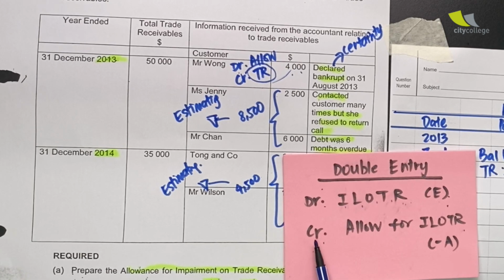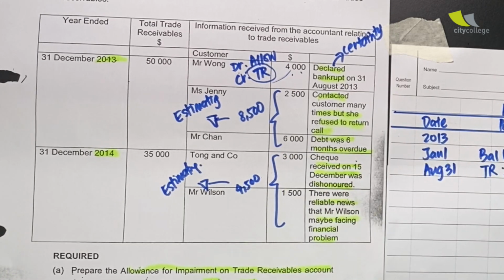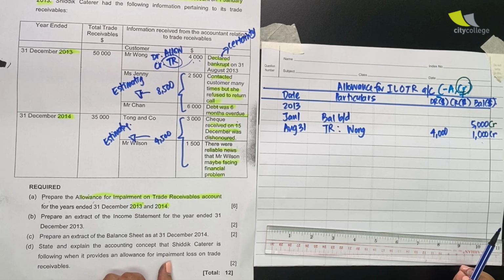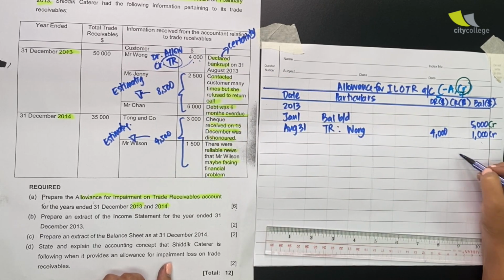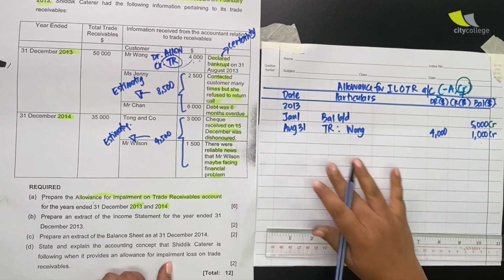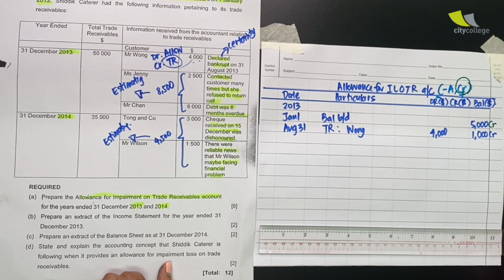So if I'm crediting allowance, the figure should be on the credit column. But the common mistake students make is to actually place this 8,500 on the credit column because of the double entry rule. But that's where this topic is unique.